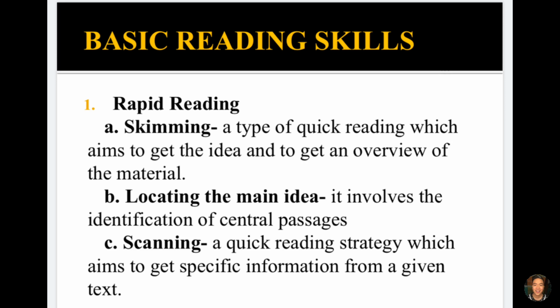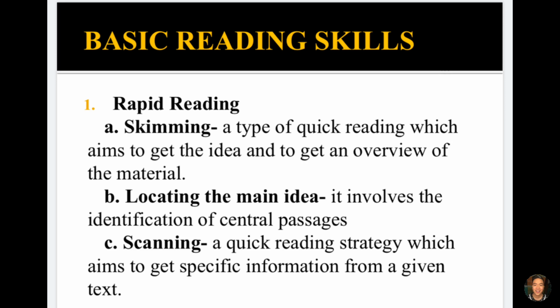Under rapid reading, we also have locating the main idea. It is another reading skill that involves the identification of the central message of a reading selection. Take note that the main idea is usually found in either or both the first and last sentences of the paragraph, but sometimes it may appear in the middle, or may simply be implied and not explicitly stated in the text.